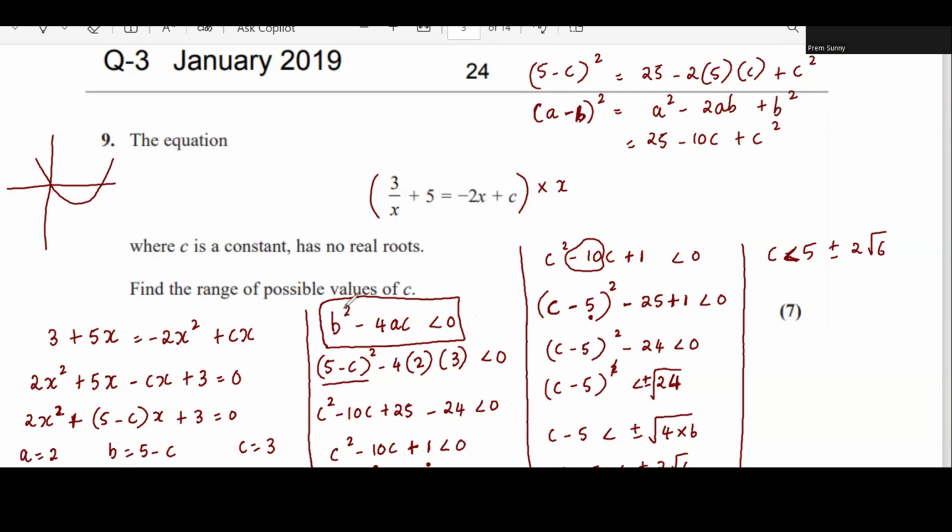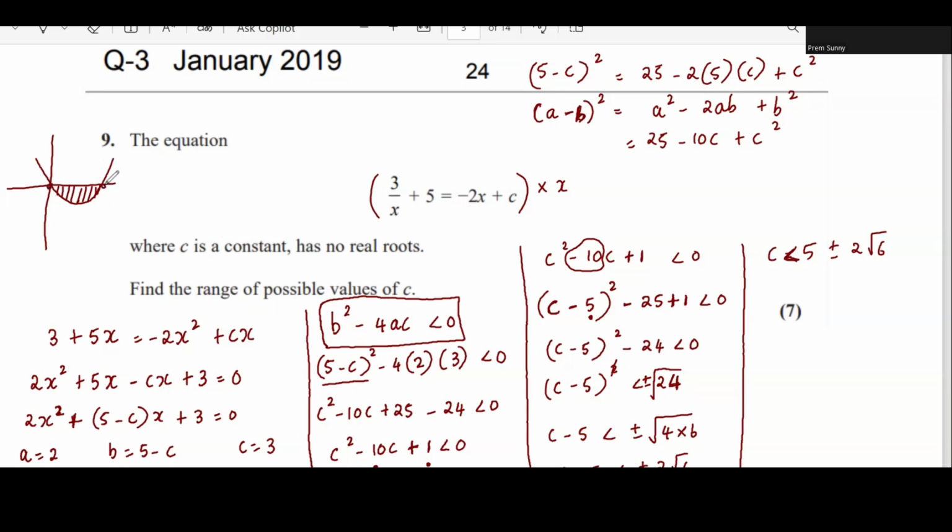If it is less than 0, we need to consider the region below the x-axis. If it was greater than 0, we'd consider the region above the x-axis. But right now we need less than 0. That means below the x-axis.